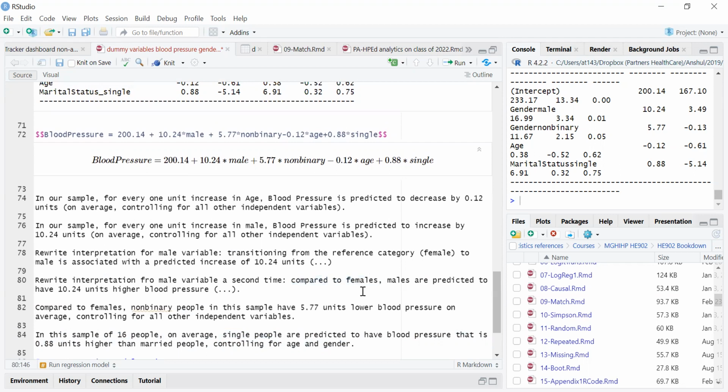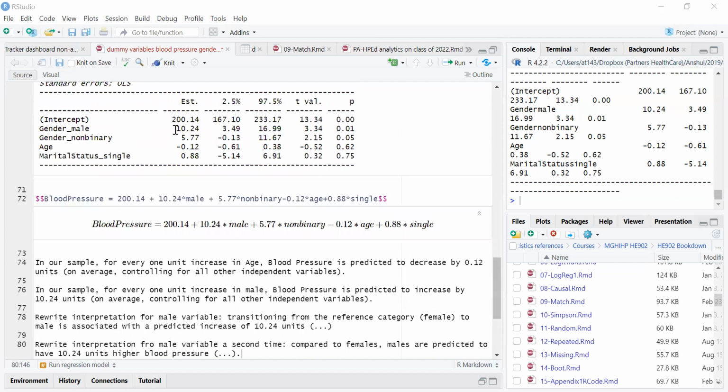All of these phrasings are completely fine as long as you're getting across the main message that there's a difference between whatever this category is, single, and the reference category, which is married, or earlier, a difference between, in this case, males and the reference category, which is females, or non-binary people and the reference category, which is still females for non-binary people as well.